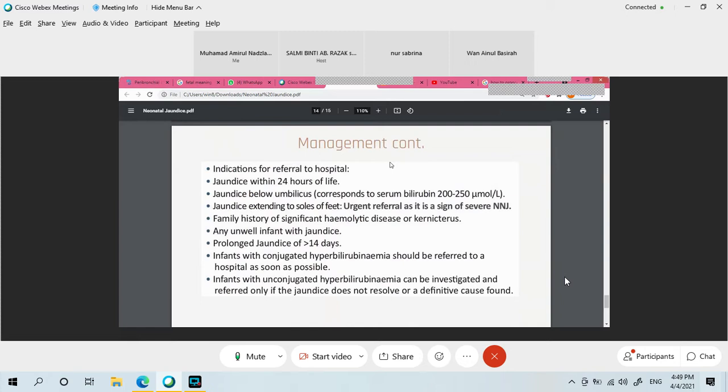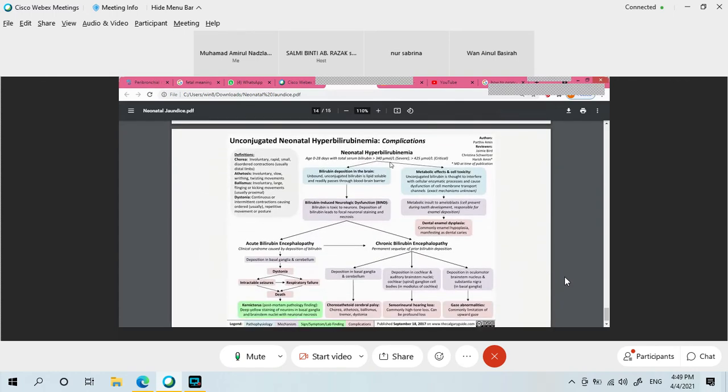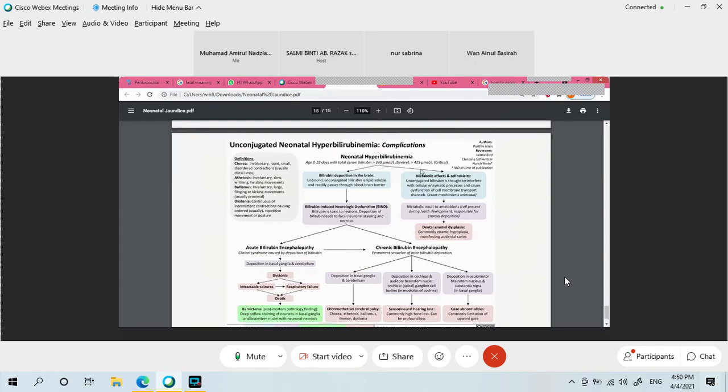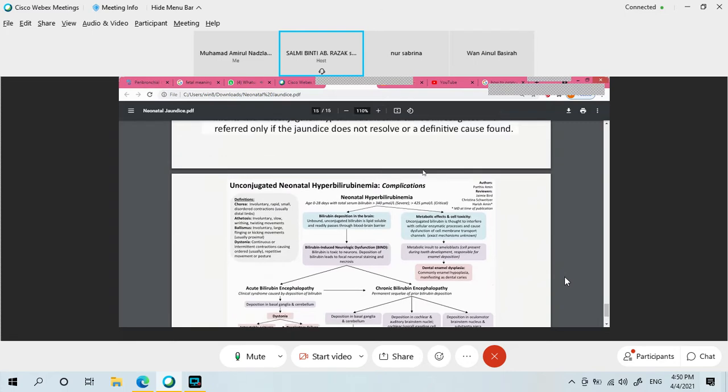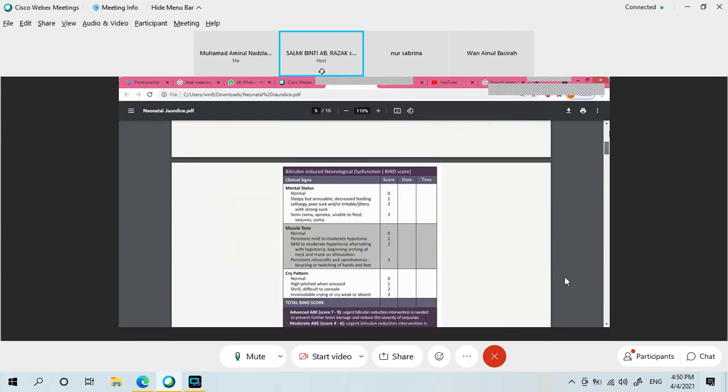I don't know dia ada masalah ke tak tu. Kita pergi ke slide nombor 1 balik boleh? Sebab tadi I ada masalah sikit. Tadi I was out sikit. Sekejap.